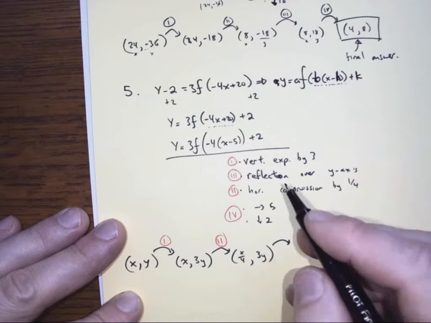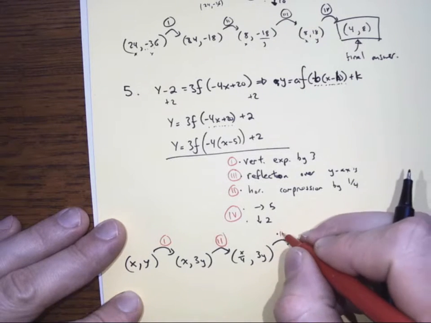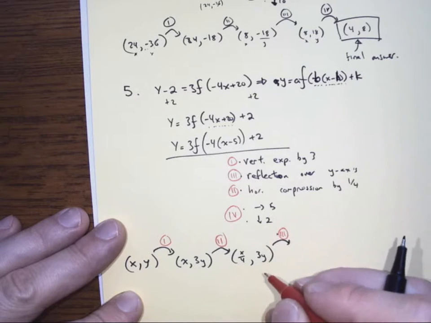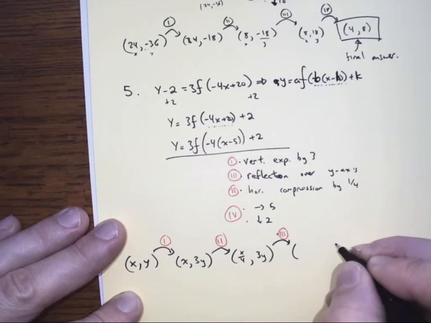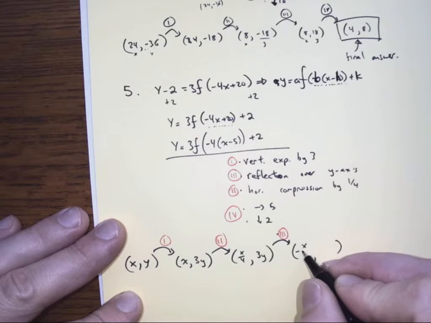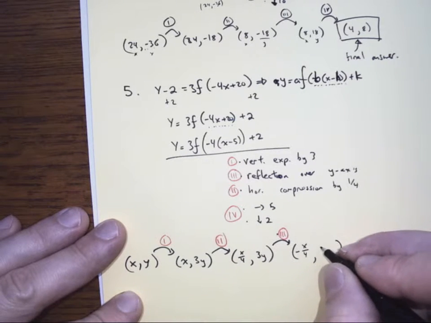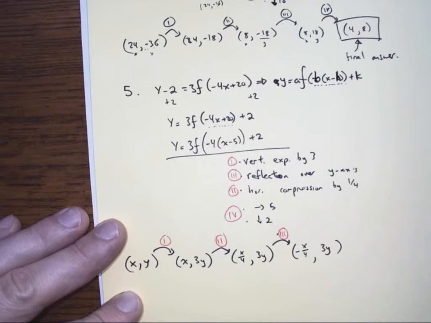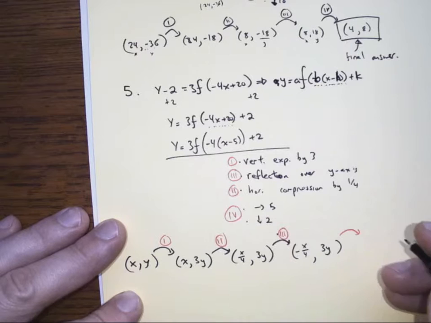The third step is a reflection over the y-axis. That has the effect of changing the x value from being on the right side to the left side of the axis. So instead we multiply this by negative 1, taking the negative version of my original x coordinate. And then lastly we're going to add 5 to x.